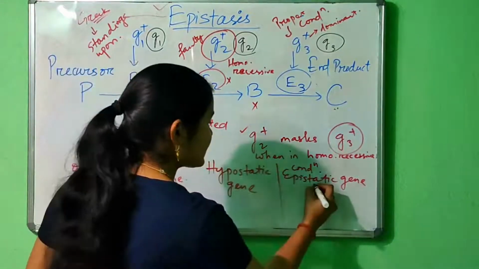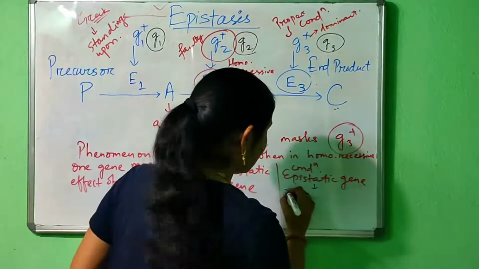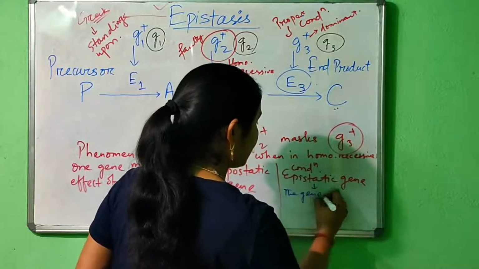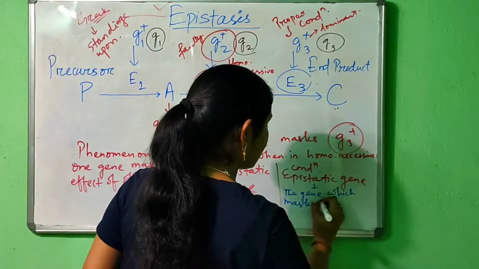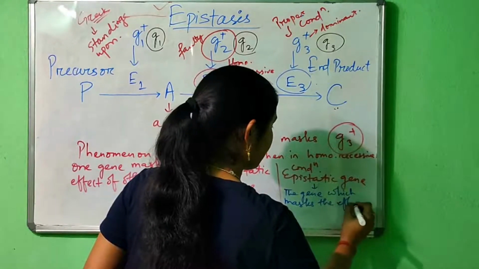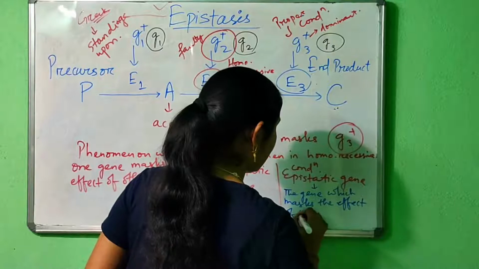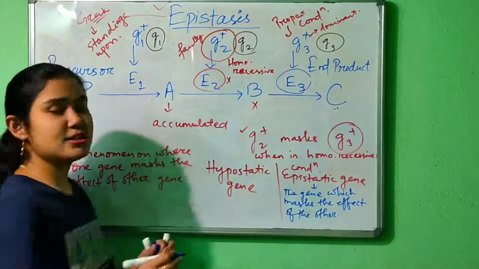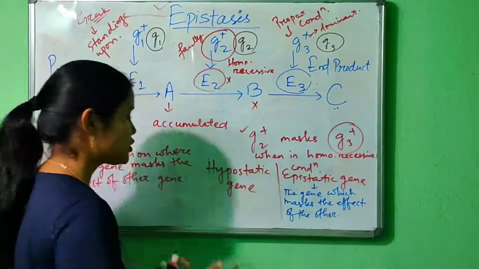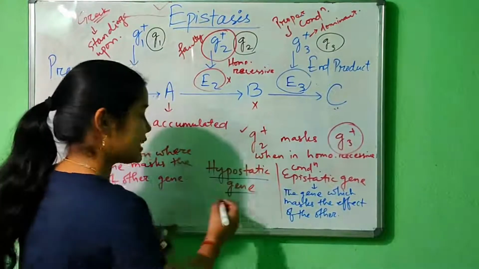So what is epistatic gene? The gene which masks the effect of the other, that type of gene is known as epistatic gene. And what is the hypostatic gene?